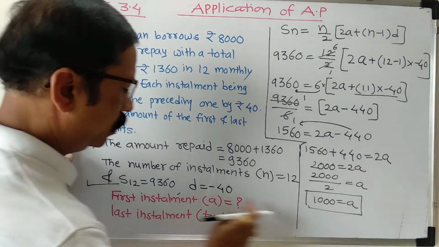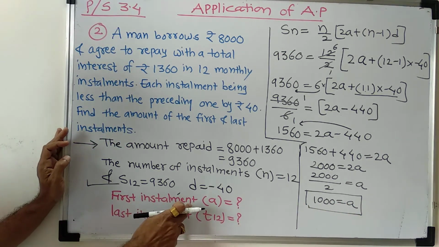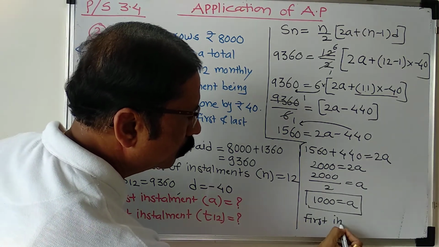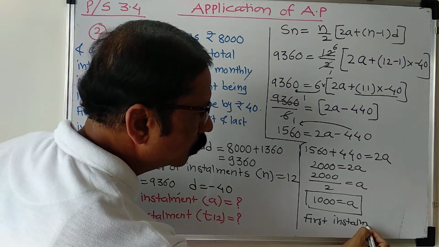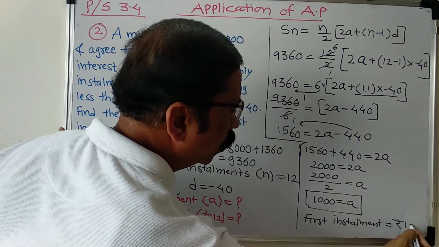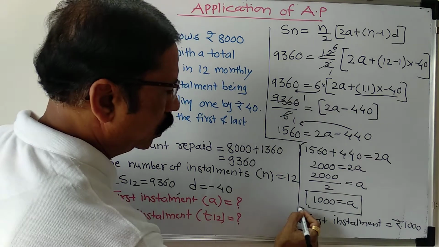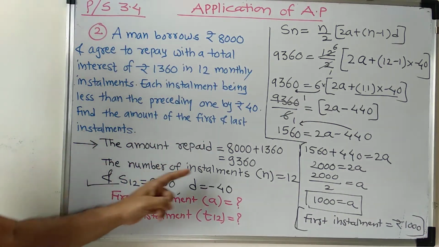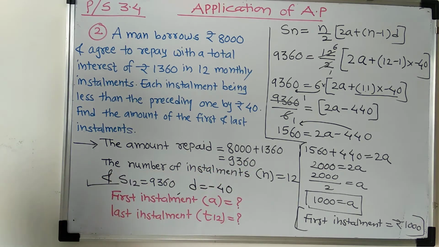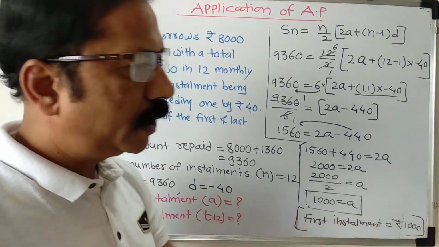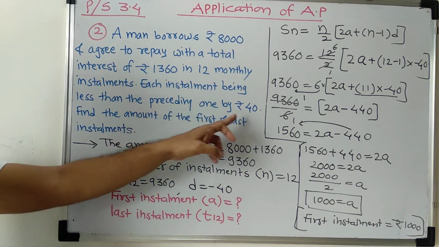A means first installment, which you have to find. First installment is equal to rupees 1000. So while repaying this amount 9360, the first installment he has to pay is rupees 1000, and then every installment gets reduced by rupees 40.